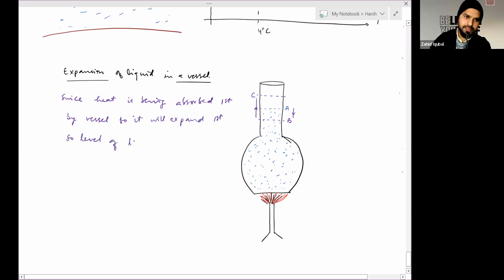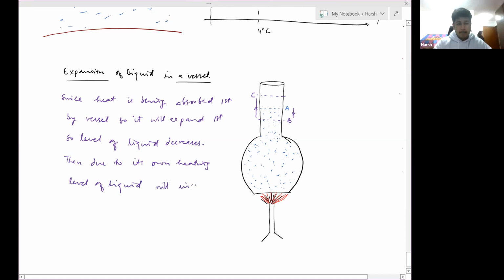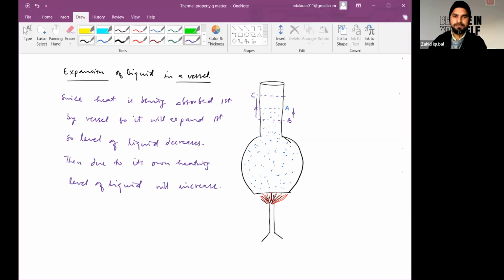So the level of liquid decreases. Then due to its own heating, the level of liquid will increase. Is it clear? Yes, sir. Okay, just write it down.